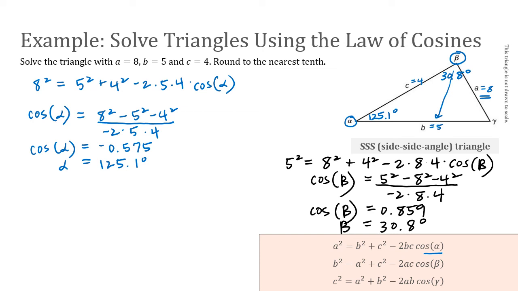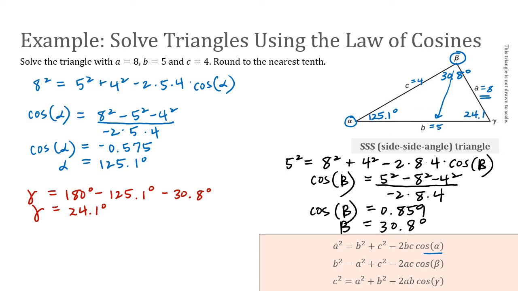And so to solve for gamma, gamma is simply going to be 180 degrees minus alpha, which was approximately 125.1 degrees. Again, I'm going to put the actual number in there. And then I'm also going to subtract out the 30.8 degrees, the actual number for that. And when I did it, I got that gamma was equal to approximately 24.1 degrees.